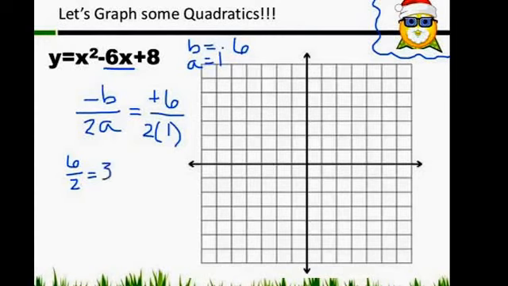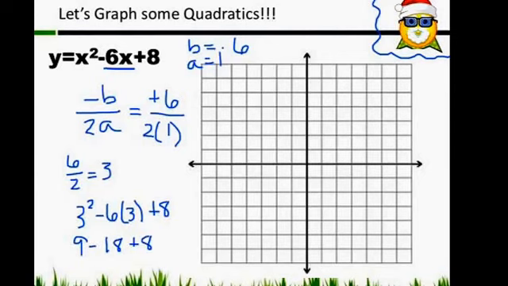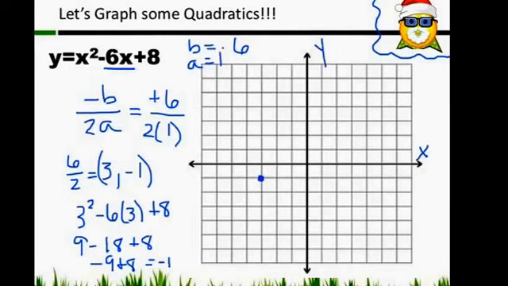When I plug 3 back in, I get 3 squared minus 6 times 3 plus 8. 3 squared is 9, minus 18, plus 8. That gives me negative 9 plus 8, or negative 1. So I just found my vertex. 3, negative 1 is my vertex.